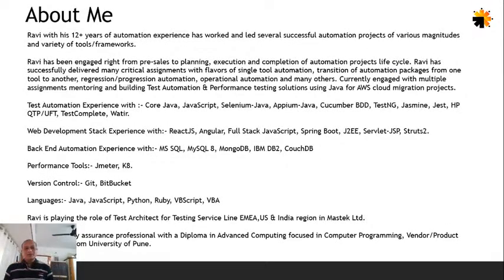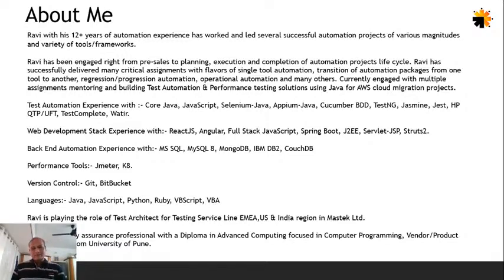I won't bore you with a long introduction. My name is Ravi Saranke. I hold about 12.5 years of experience in test automation. I started off as a developer and gradually moved into test automation.